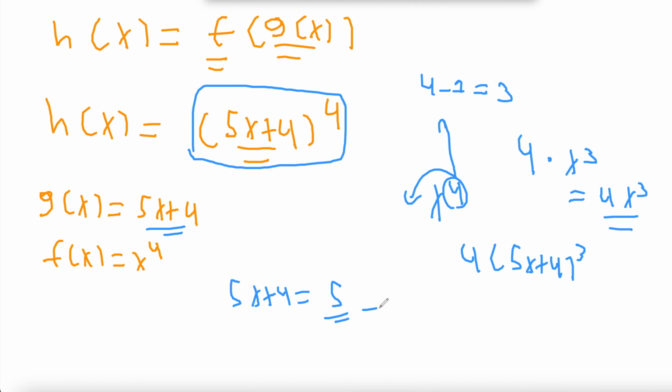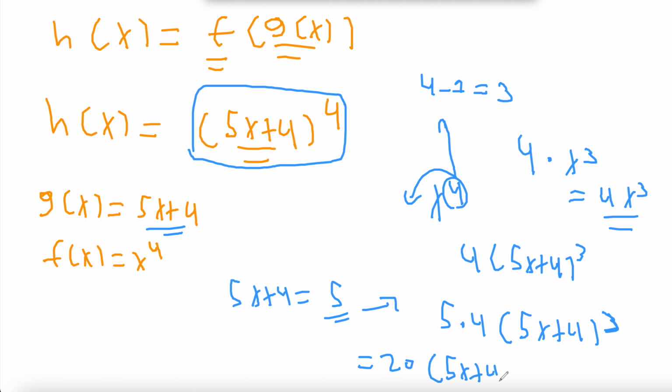And then take that 5 and multiply it by this. So basically what I'm doing is 5 times 4, 5x plus 4 cubed, and if you simplify it, that would be written as 20. There you go. That's your answer: 20 times 5x plus 4 cubed.